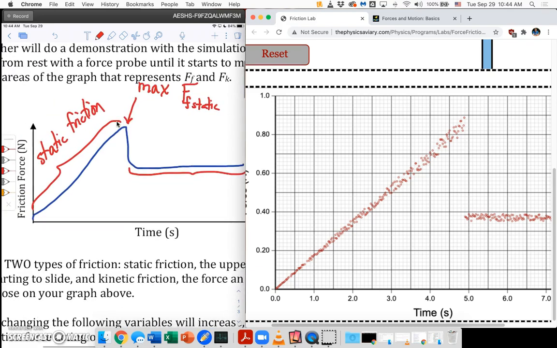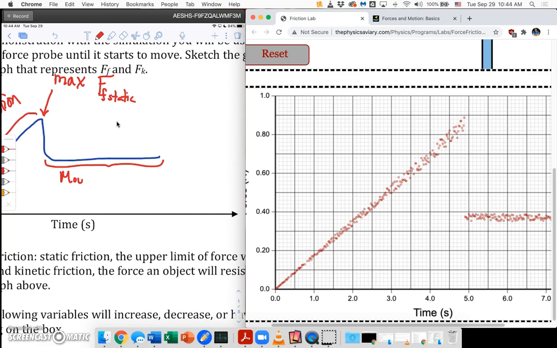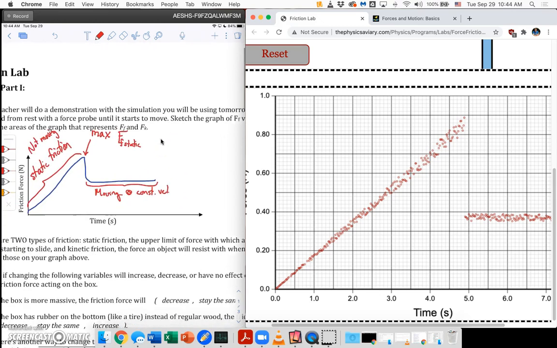Now this here is when it's moving. This section is the not moving part, and this was the moving. It's going to pull it at a constant velocity. You have to use the information from our forces of motion lab to figure out what that means. So this is moving at constant velocity. And how do we know that? Because that's what they do in the simulation.